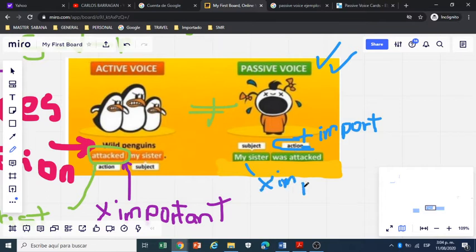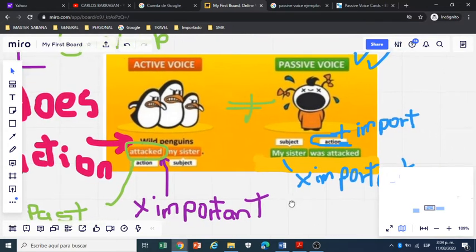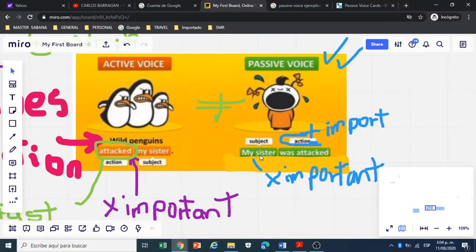Okay, not important. So active and passive are opposites. Let's check again. In active voice, the more important part in the sentence is the subject who does the action, and the action is not important. The opposite is in passive voice. The subject is not important, but the action is more important.